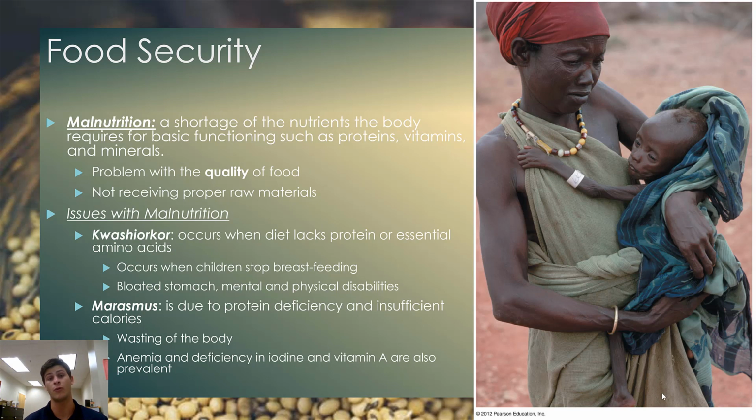So marasmus is going to be a result of both undernutrition and malnutrition, whereas kwashiorkor was only a direct result of malnutrition. Marasmus is basically going to be a wasting of the body. It's characterized by extreme loss of body fat, having a very low body mass index, very low muscle tissue, and a host of different organ abnormalities and dysfunctions.